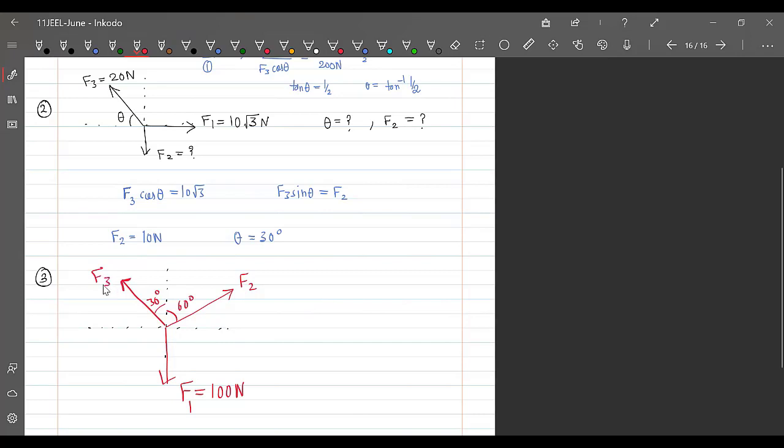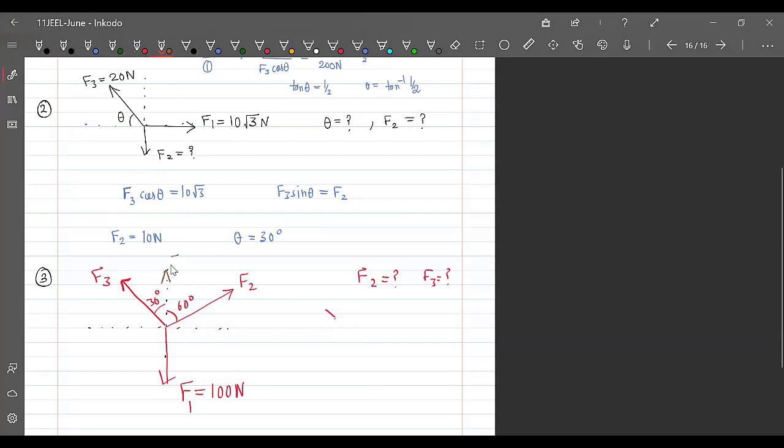So F1 is known and F2 and F3 are unknown. In this case, you have to find the value of F2 and F3. Do the same thing, take the components or angles theorem. So first we'll take the components.